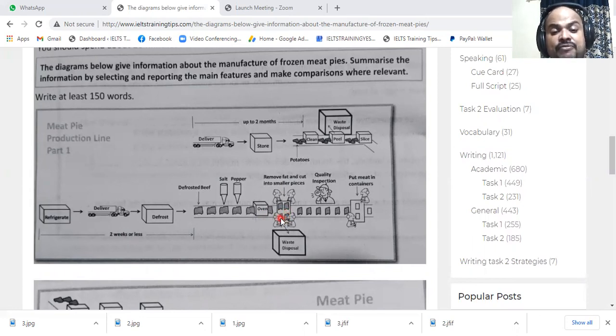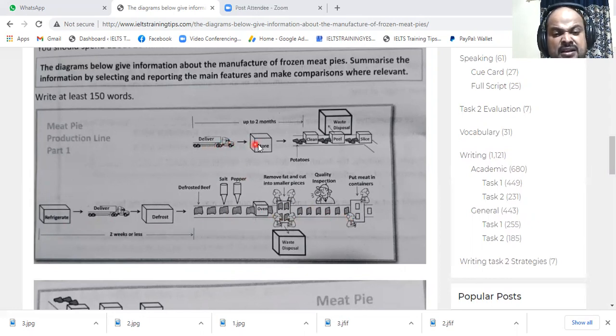So we have to make the cooked beef to pieces. And when it is cut to pieces, after that, we have to go for a quality check, a quality inspection. And after that, this meat is put in respective containers. This is what the whole process is.